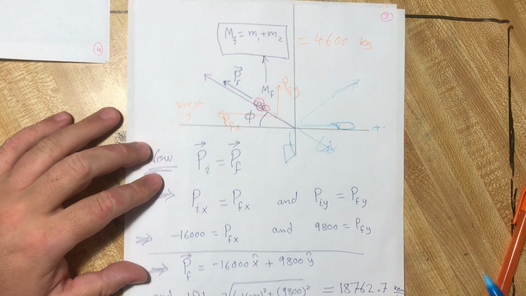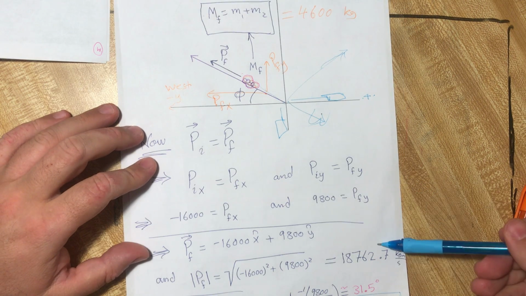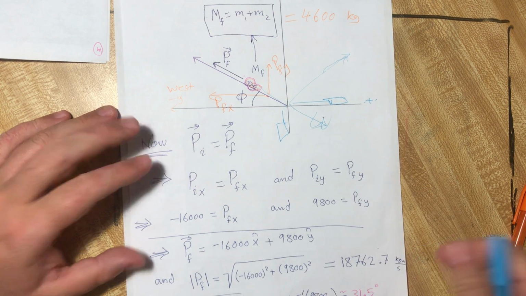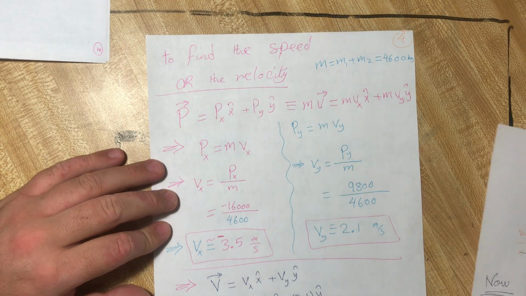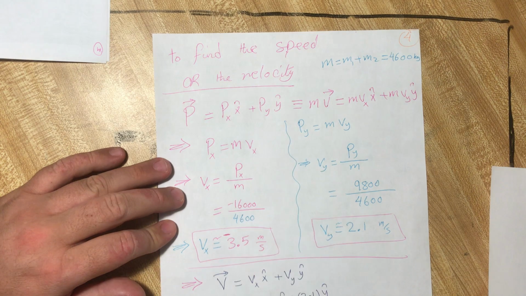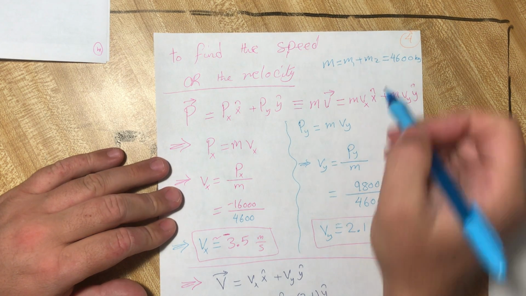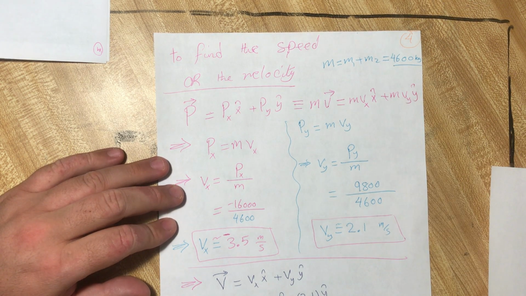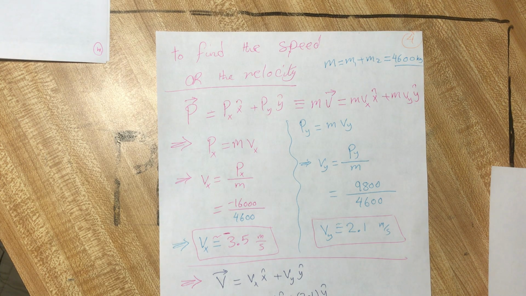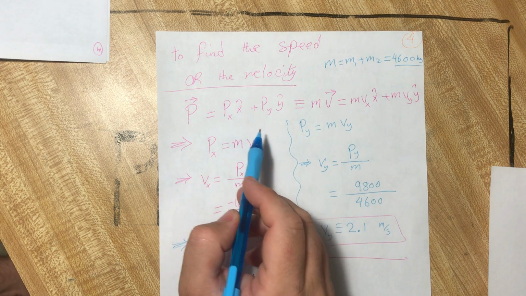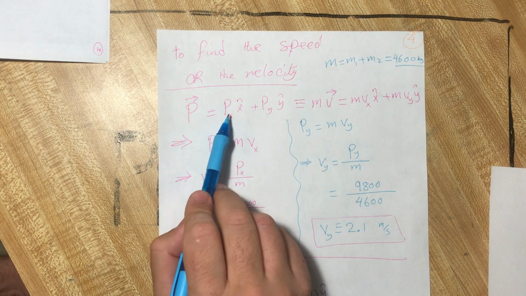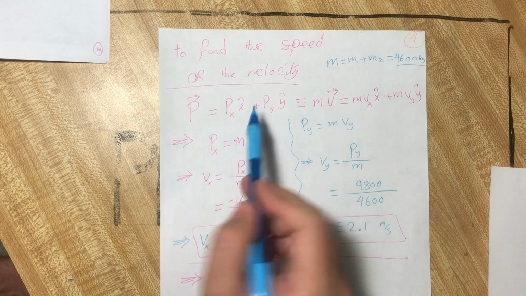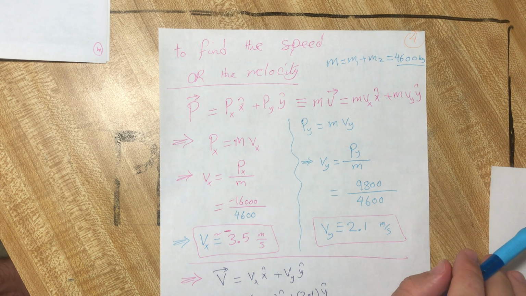I now find the final momentum magnitude and the direction of that momentum. Okay, I need the velocity of the two bodies. To find the velocity now, I know the total mass. Because my momentum is equal to Px x hat plus Py y hat, this is finally after the collision, okay?